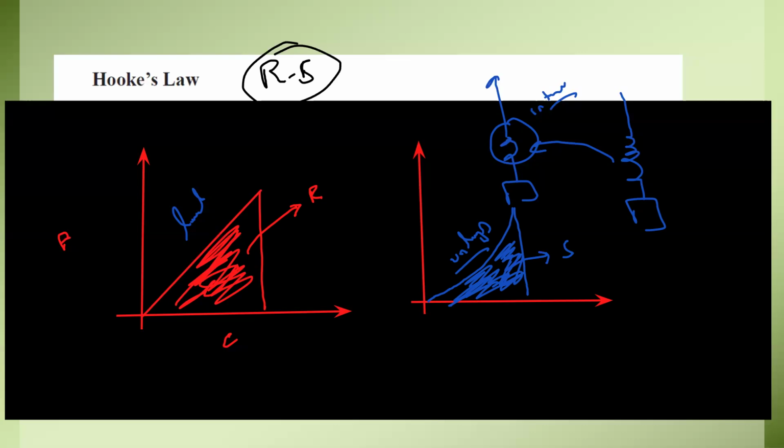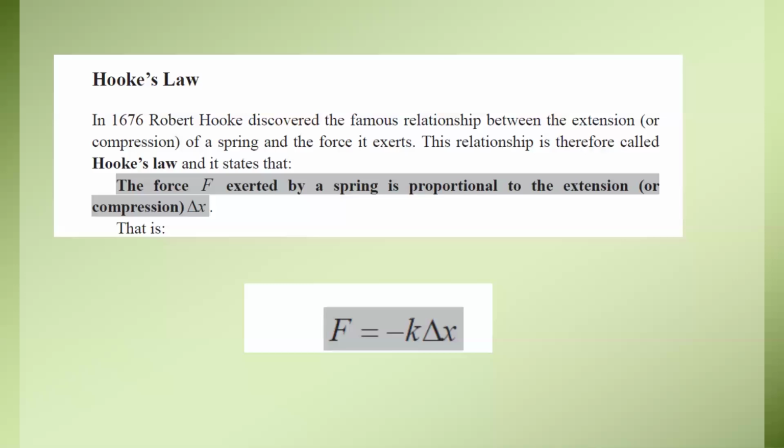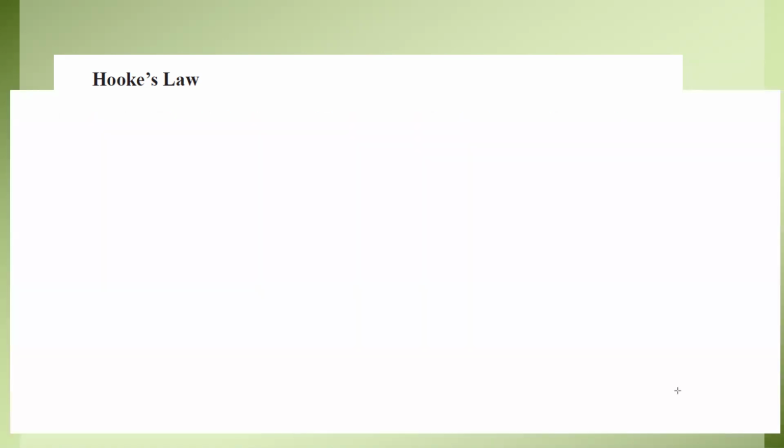Is this concept clear? So loading and unloading graphs can never be the same, because the work done by us is not the same as the work done by the spring.